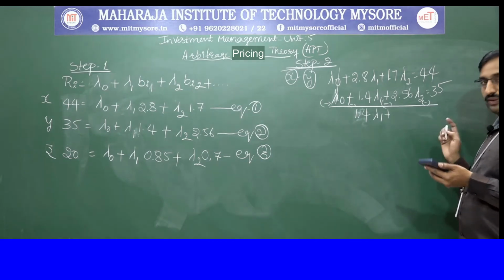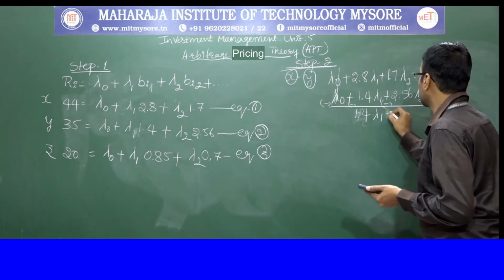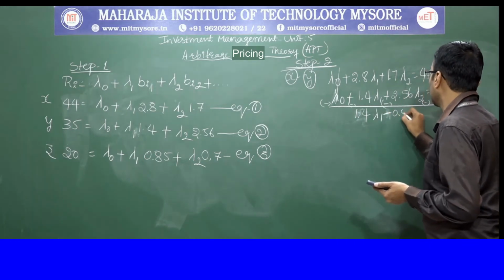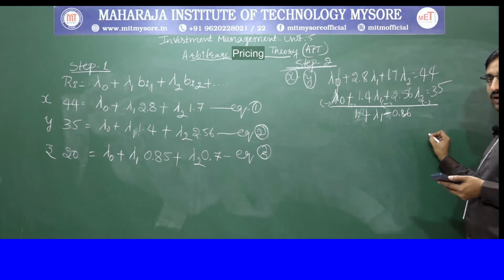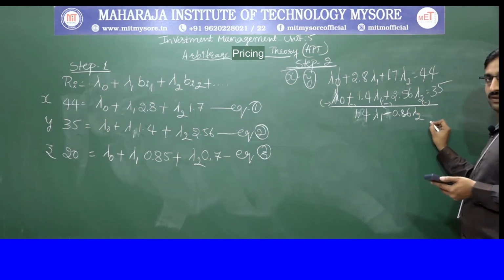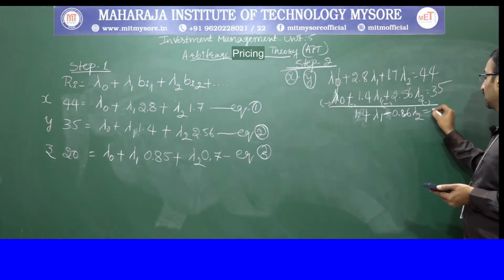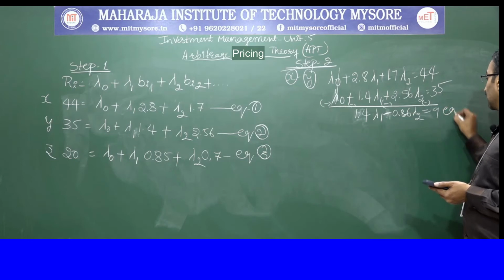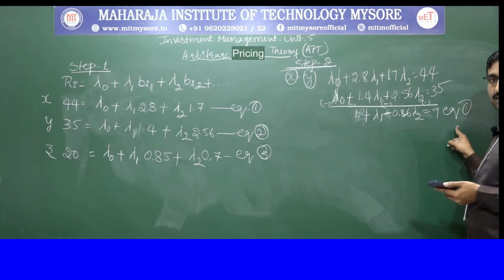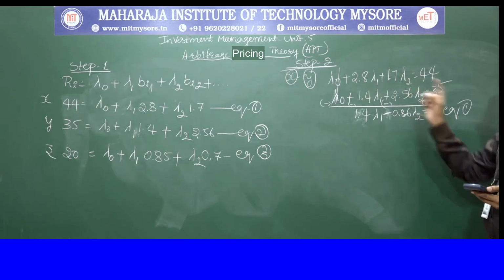If you do, you will get minus 0.86 lambda 2 is equal to 44 minus 35, how much will you get? You will get 9. This is called equation 1. Equation 1, we have got it. This is called x minus y.